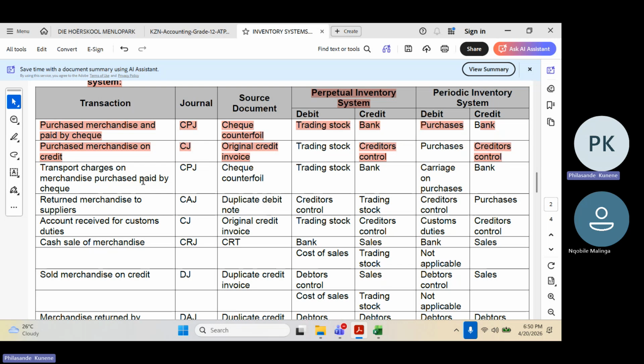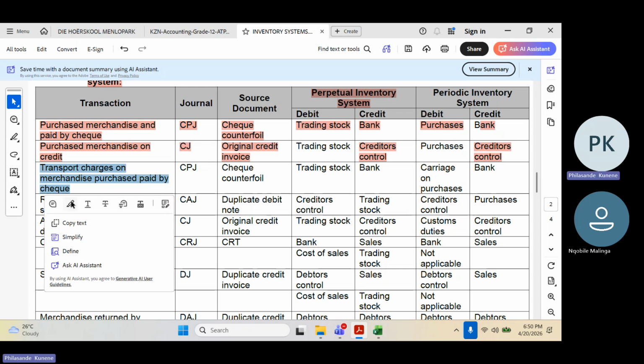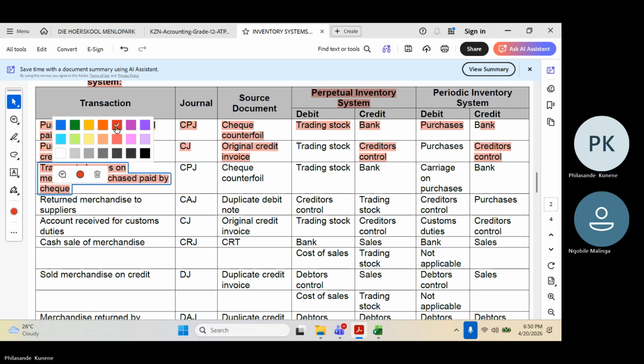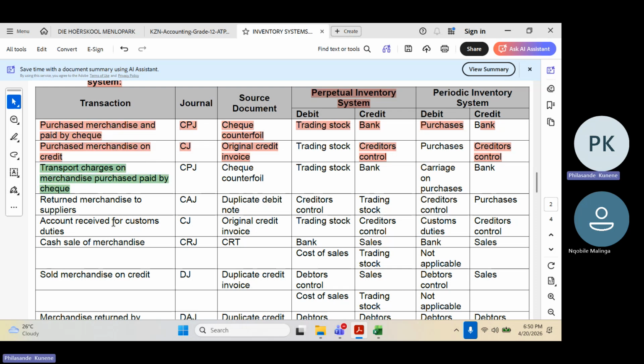Transport charges on merchandise purchased by check. You know very well that when you're buying trading stock, it is possible that they're going to charge you for transport.